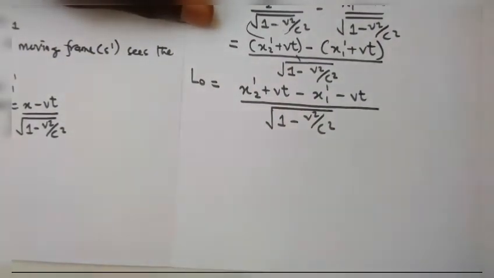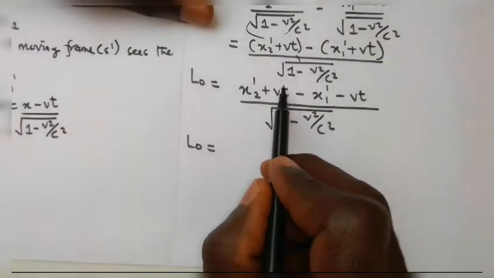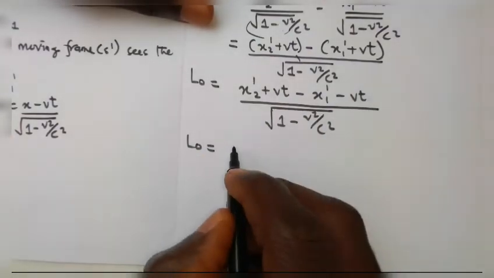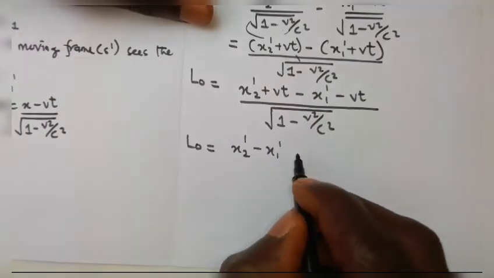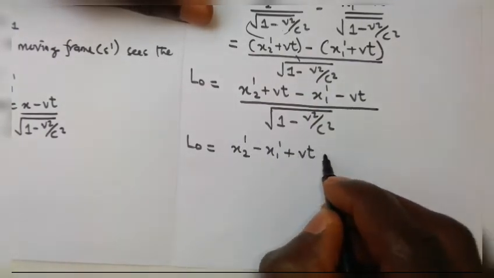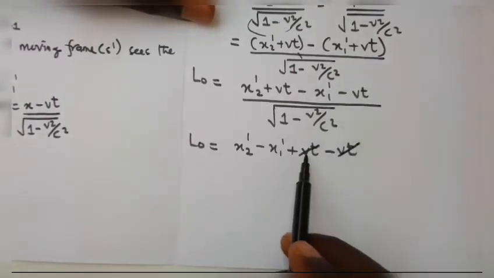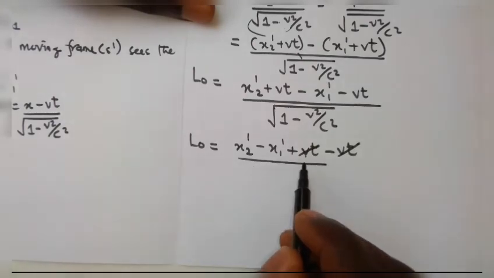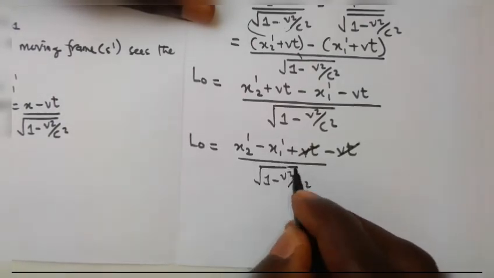Since I have the same terms here, vt and vt, I collect like terms. I bring x2 prime minus x1 prime there, and then I have plus vt minus vt there. So this will cancel out since you have vt minus vt. Then we have it all over the square root of 1 minus v squared over c squared.